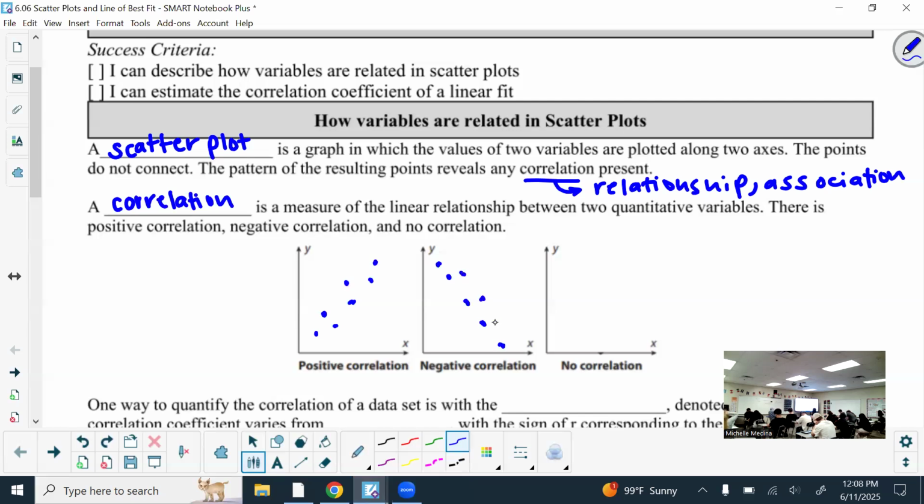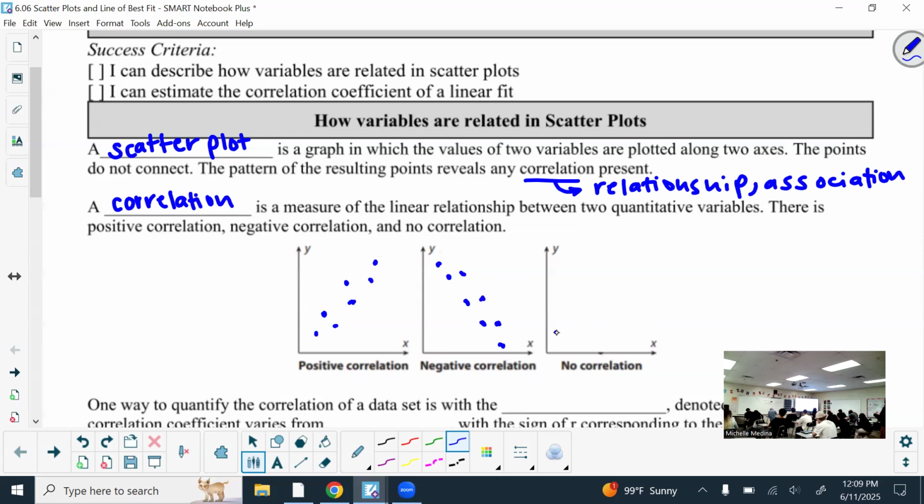And it doesn't have to be a perfect straight line. I just have to be able to tell that as the x is increasing, the y's tend to decrease. There could be some outliers, or some things that go against the trend. That's why data isn't always perfect straight lines.